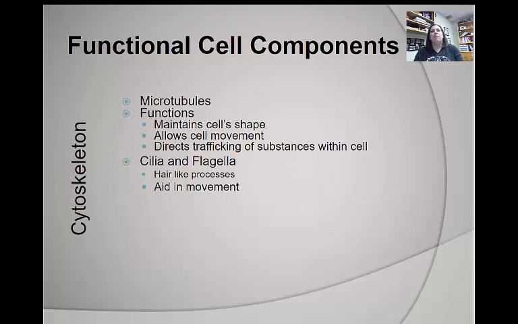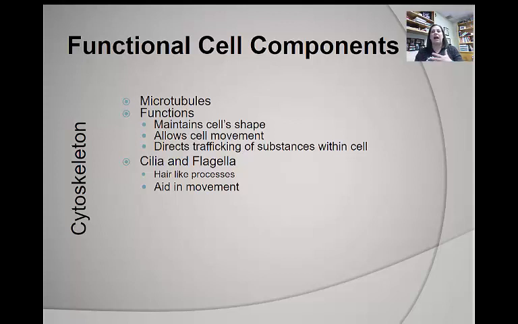Now we have what we call the microtubules. The microtubules function in maintaining your cell shape. A lot of the cells in your body, depending on their function, have a certain kind of shape, and the microtubules will help give them that shape. It also allows the cell potential movement, not necessarily movement from point A to point B, but movement of different parts in the cell and maybe on the surface of the cell. It does direct trafficking of substances within the cell.